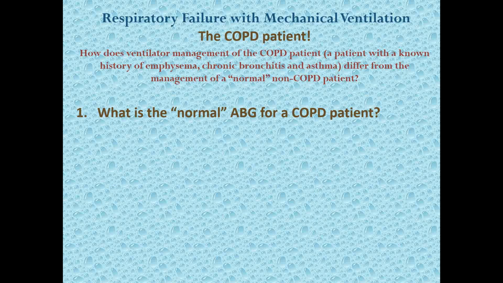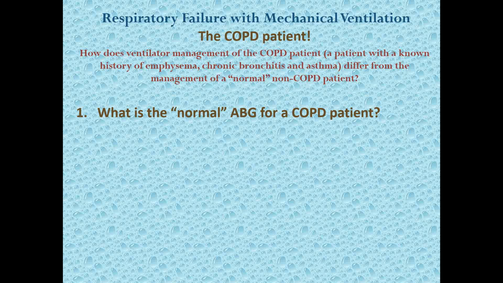Last topic, and then we'll be done. How does ventilator management of the COPD patient differ? This is a COPD patient known to have a history of emphysema, chronic bronchitis, or asthma. How does their ventilator management, and for that matter ABG management, differ from that of a patient who does not have COPD?